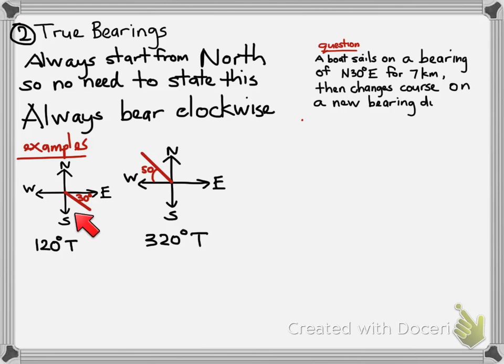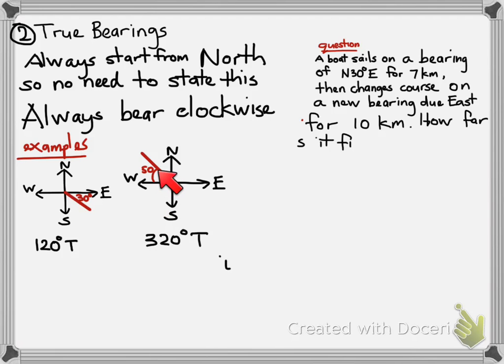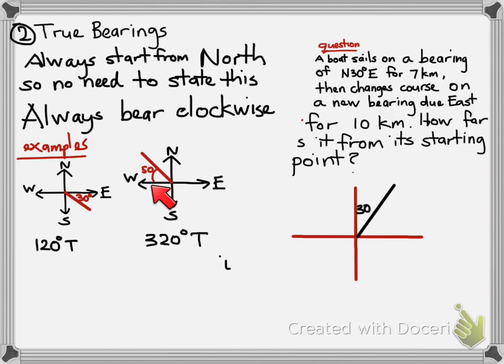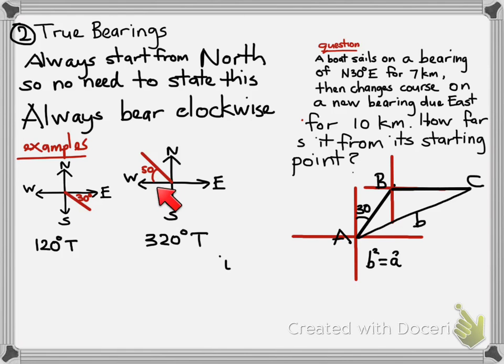So that's a total bearing of 120 degrees from true north. Now for this one, remember we have to move clockwise, so from true north we have to do more than a 3/4 circle turn. So we do the 3/4 turn of 270 degrees, and then another 50 takes us to 320 degrees.